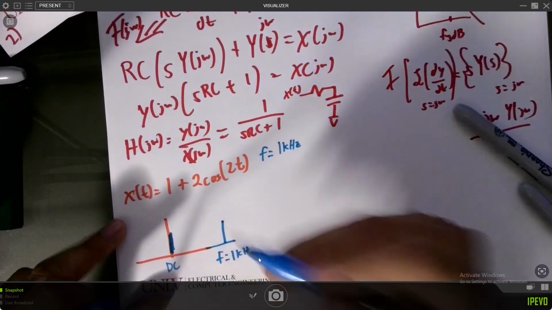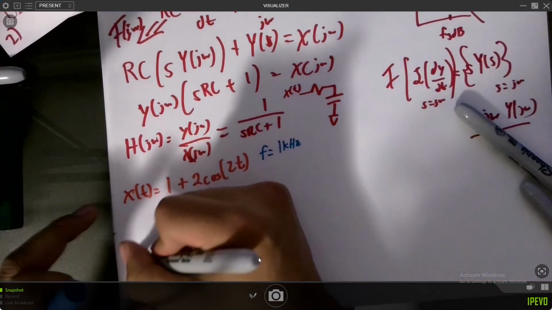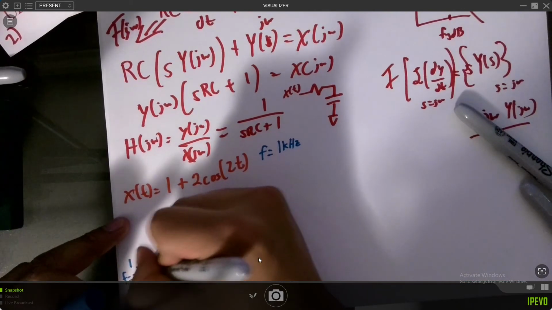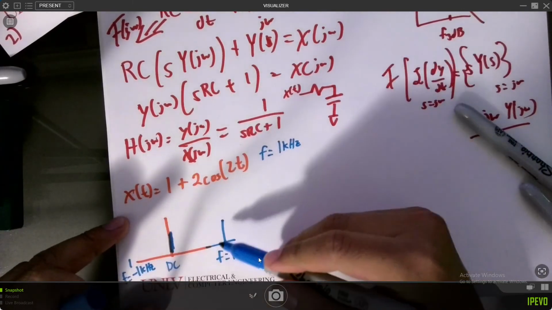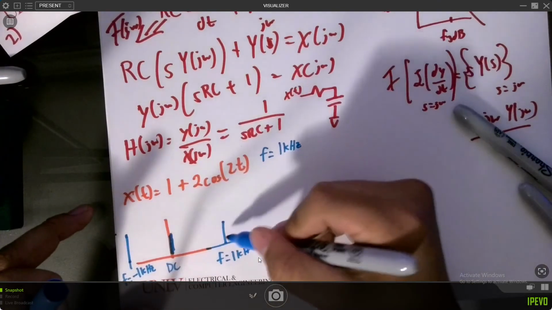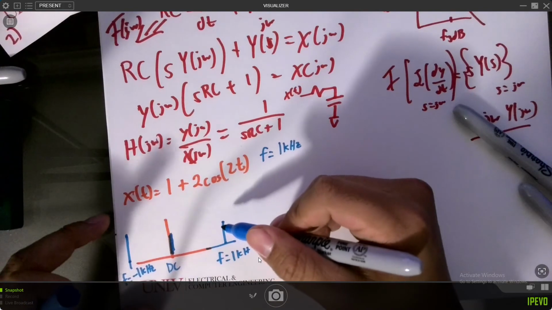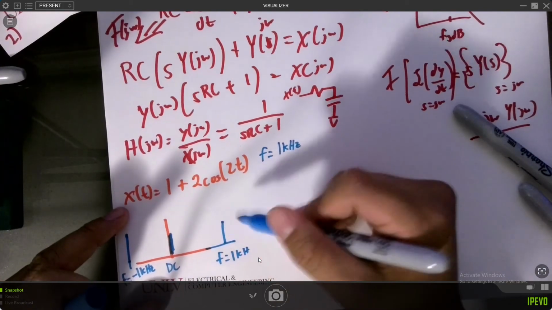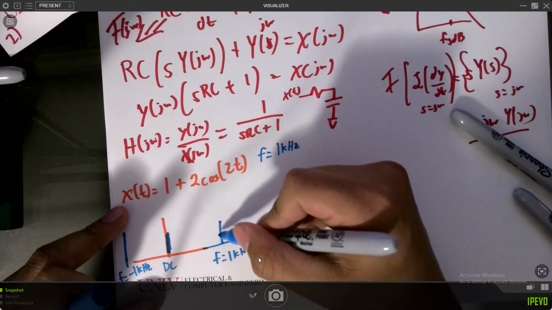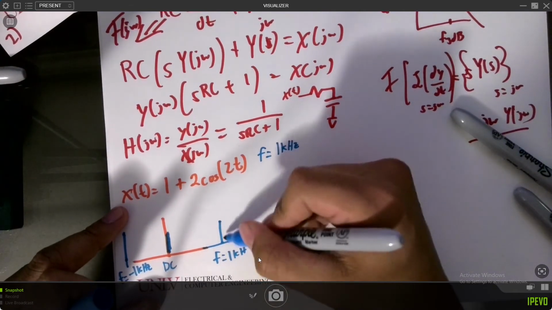However, with the Fourier transform, we actually have an equal and opposite effect right here: f equal to minus 1 kHz. This is a very important topic when you get into communication systems. So you get a spec that comes up here and right here. That's basically the synthesis of music. If you wanted to play this type of note, you literally get this note at 1k hertz.